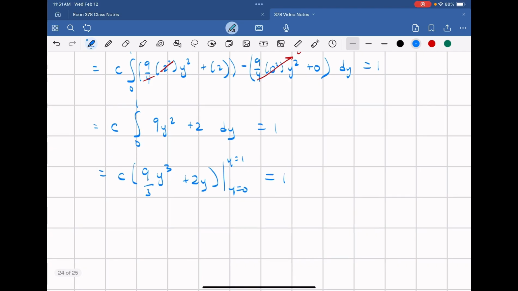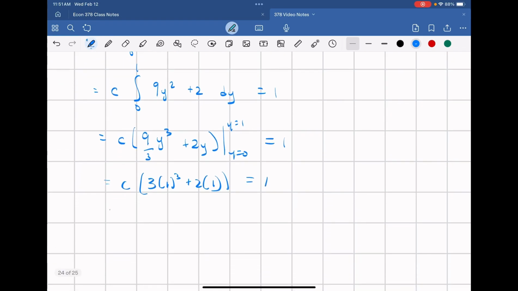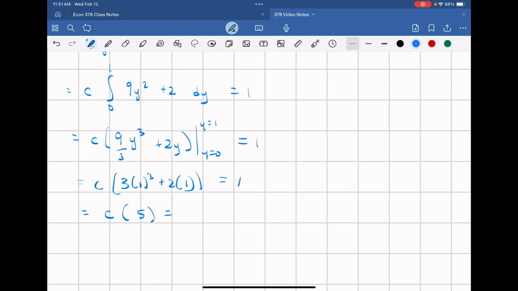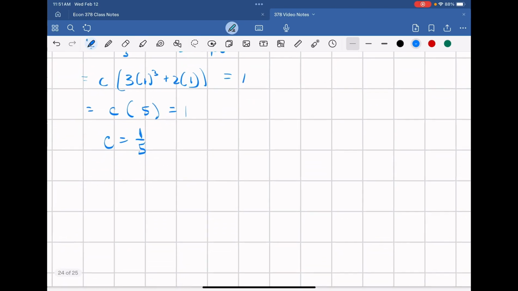So I plug in the 1. So I get c times 3 times 1 cubed plus 2 times 1 is equal to 1. And at the 0 again, that's all going to cancel out to be zeros. So I get c times 3 plus 2, which is 5, is equal to 1. So c is equal to 1/5. And so that is the c for our joint density function.